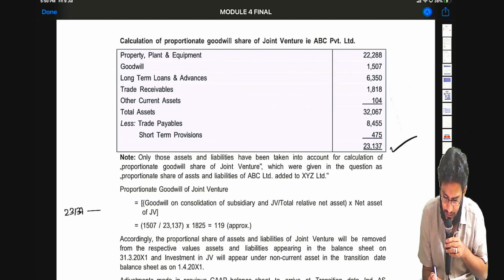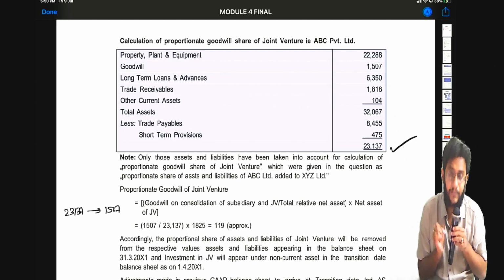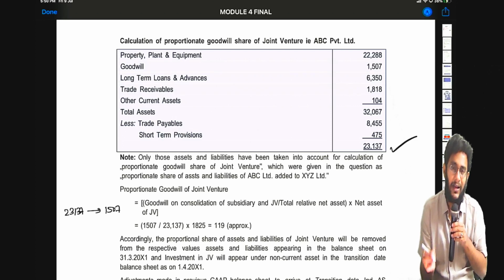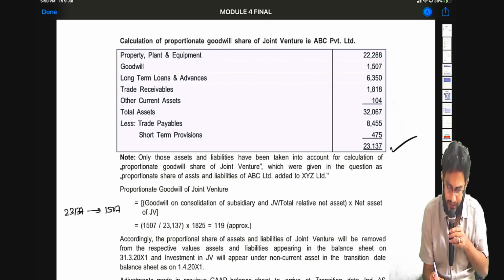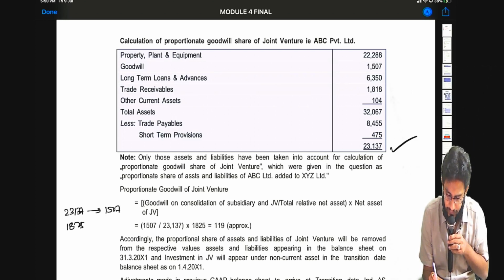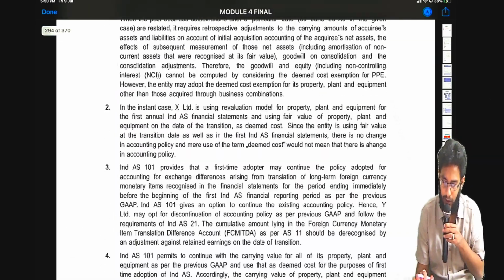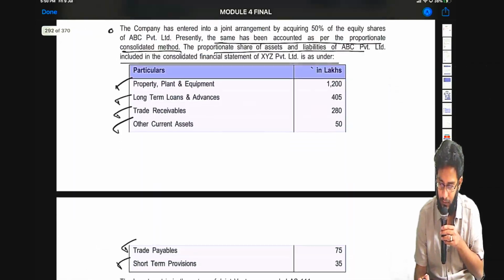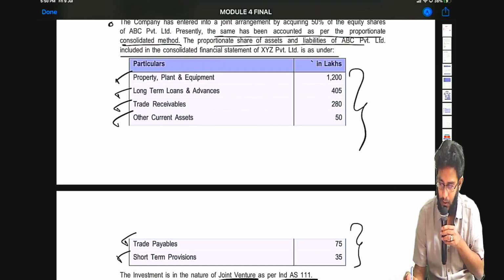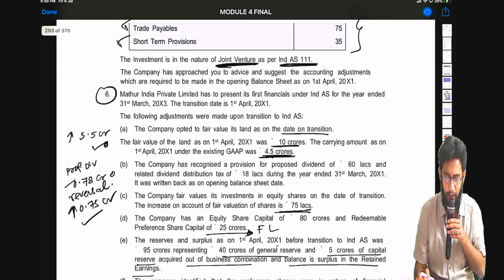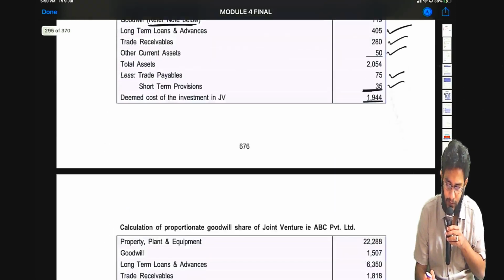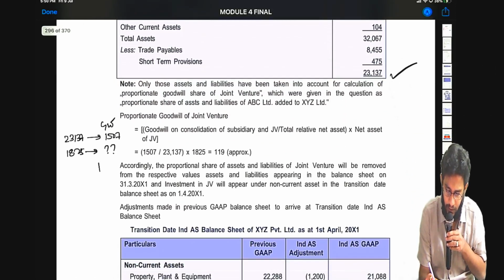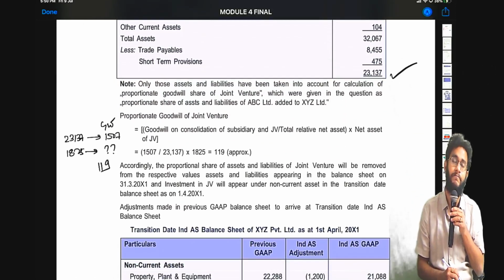Against these net assets there is a goodwill of 1507. What are the net assets relating to the joint venture? Net assets relating to the joint venture are 1825. Against 1825, correspondingly how much goodwill is there? Sir, how did you get 1825? This is 1825, sir. You can check that if you want. So it is definitely 1825. Against 1825, correspondingly how much goodwill will be allocated? You get your answer as 119.